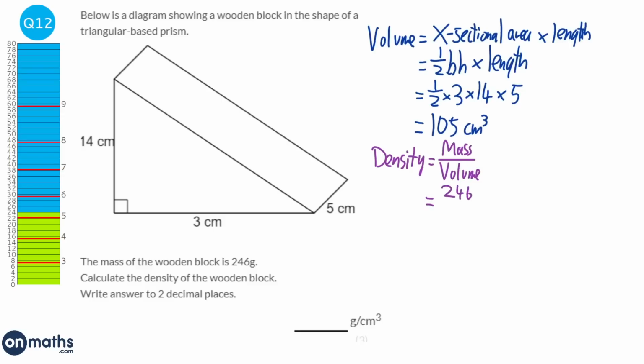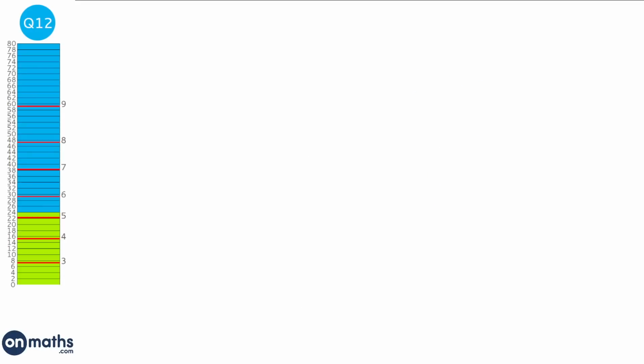The volume we've just worked out is 105. And so you do 246 divided by 105, and you get 2.342 blah blah blah. And then we round that to 2 decimal places, which it says in the question to do, and that would be 2.34 grams per centimeters cubed.